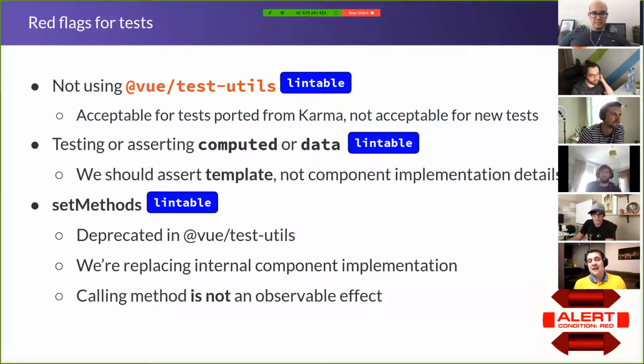So, red flags when you're looking at tests. The first is obvious, yet I still see it: no new test should use our mount component helper. If you import the Vue component, you are expected to test it with Vue test utils. For new tests, no new options. It is a bad idea to test computed or data because they're component internals.